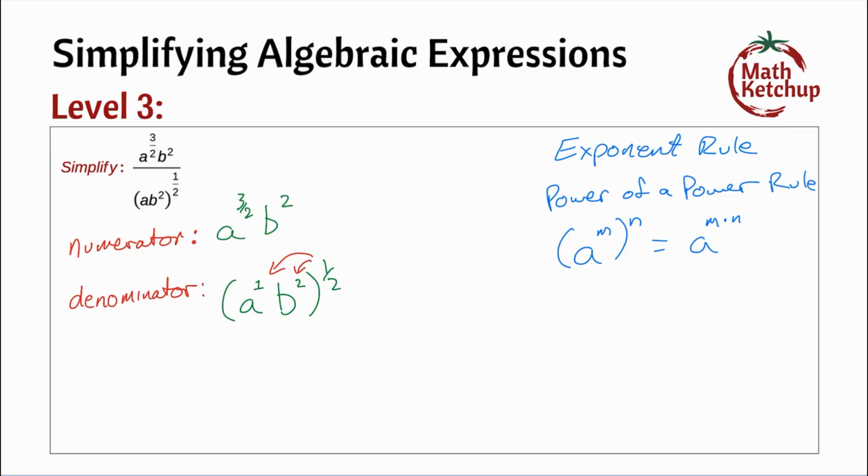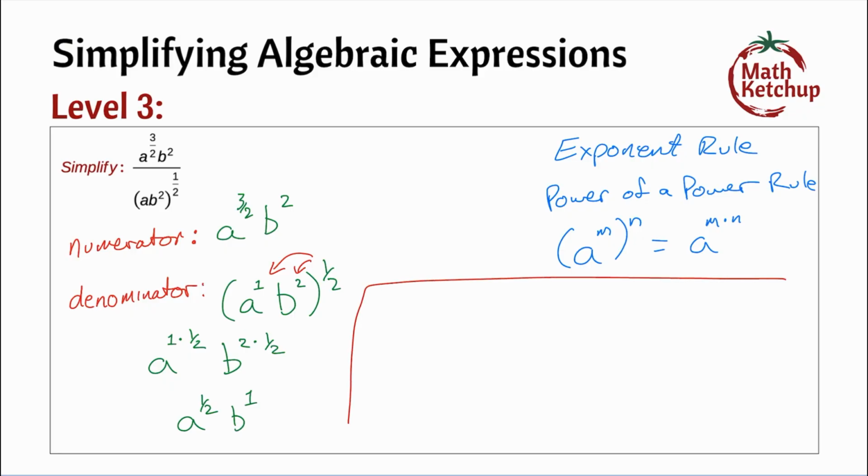So we just apply the power of a power rule twice. So our a becomes a to the power of 1 multiplied by 1/2, and our b, which was squared, that 2 gets multiplied by 1/2, giving us a to the power of 1/2, and b, 2 times 1/2 is just 1.